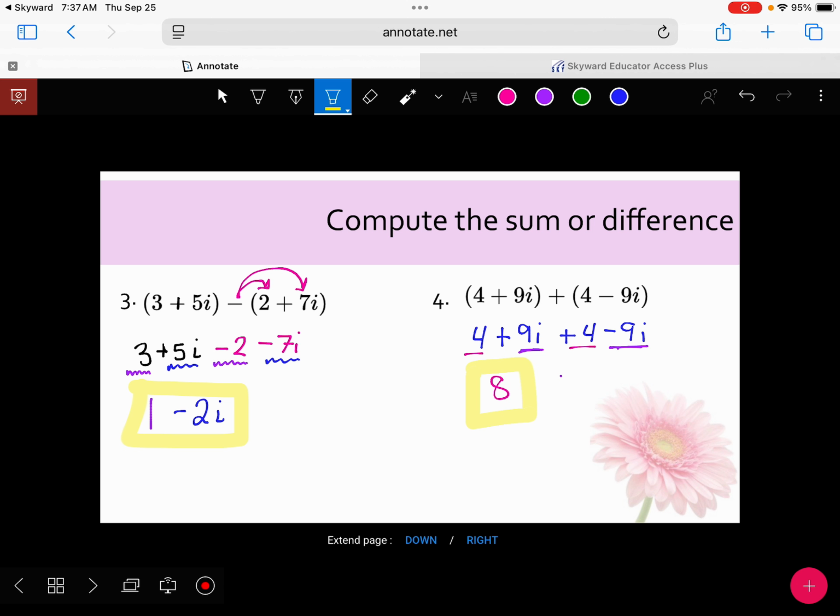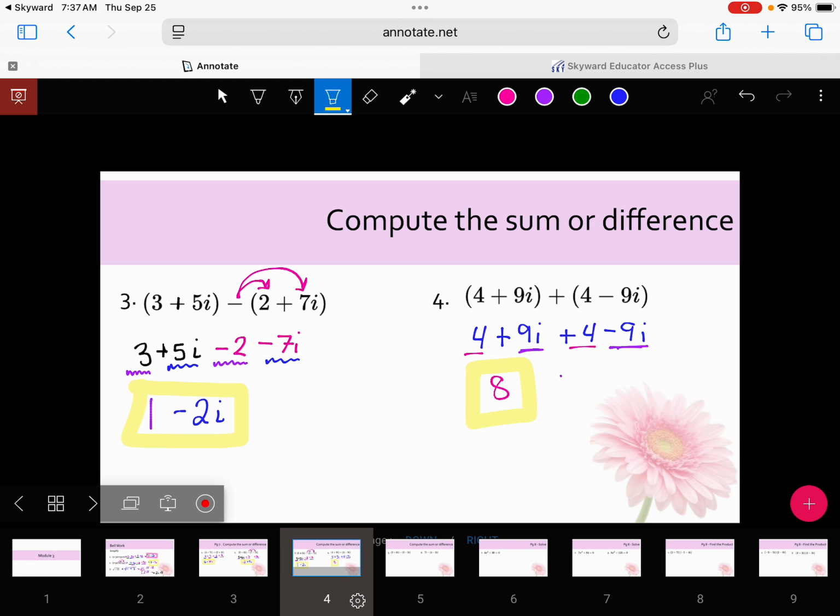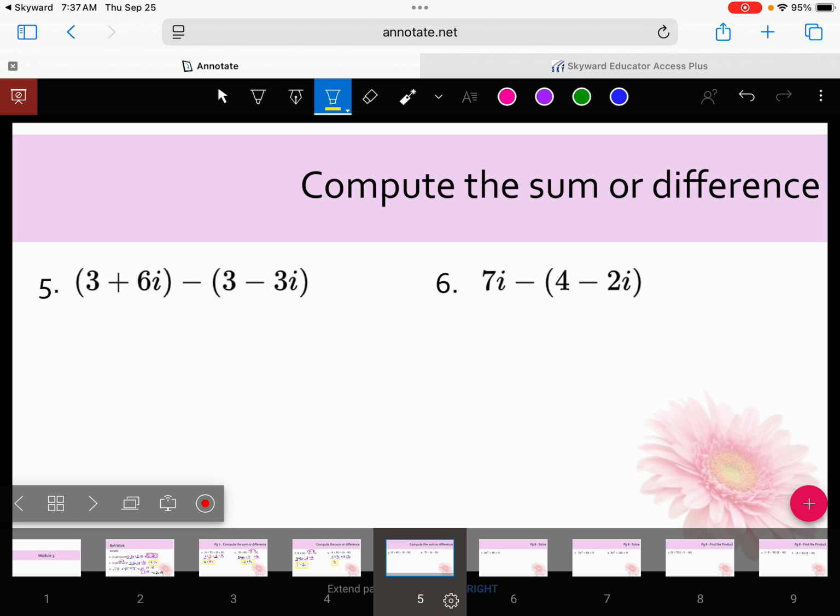Okay. Questions on these ones? Okay. We have one more set of them. Let's do that. And then we'll look on the next page.